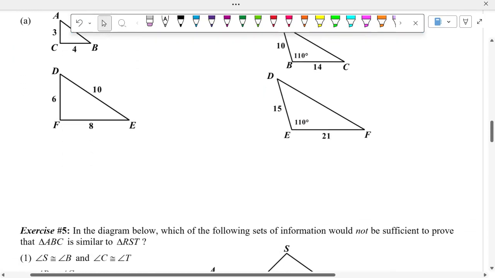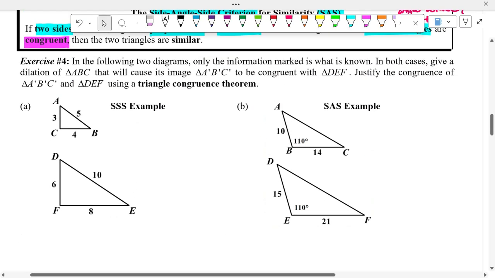So let's look at these examples. We are going to basically show that this first set of two triangles, ABC and DEF, are similar by side, side, side. So we have to check that every set of corresponding sides are proportional.